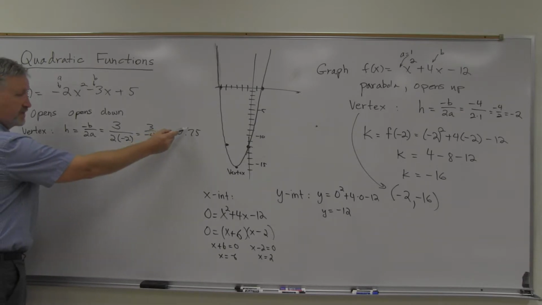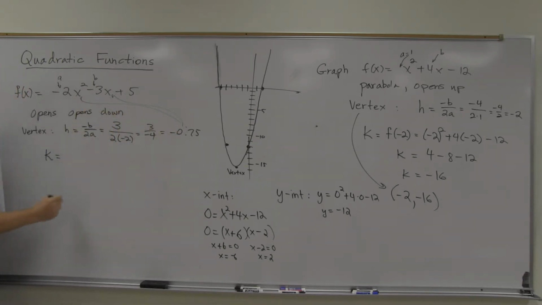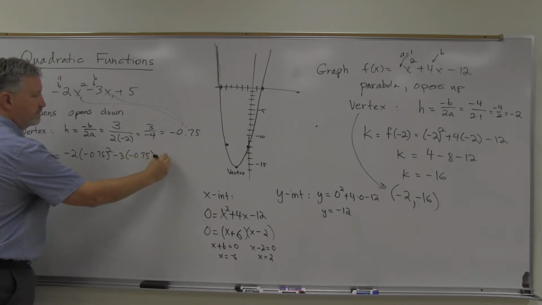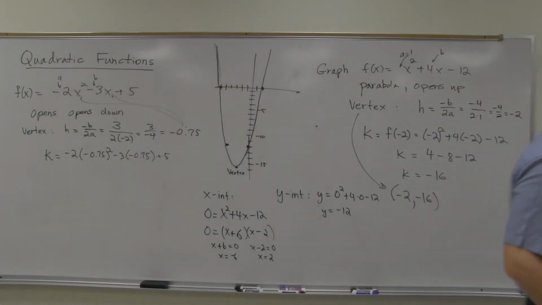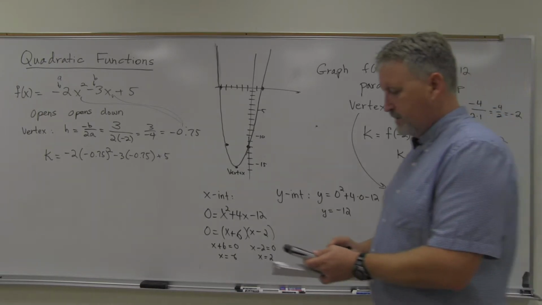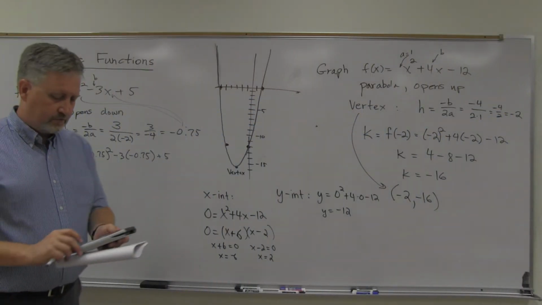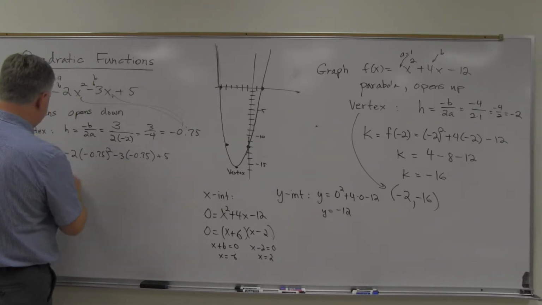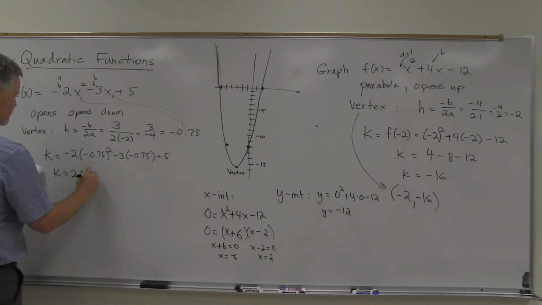Well, we just plug that in for x. That would be the k. So it's -2 times -0.75 squared minus 3 times -0.75 plus 5. And if I plug that in, I get 2.46875.